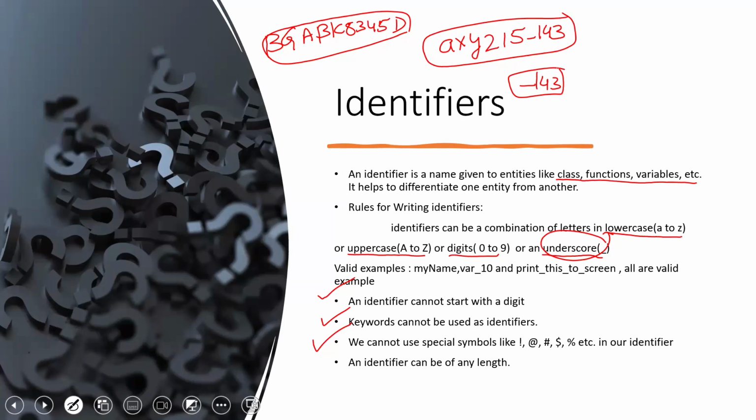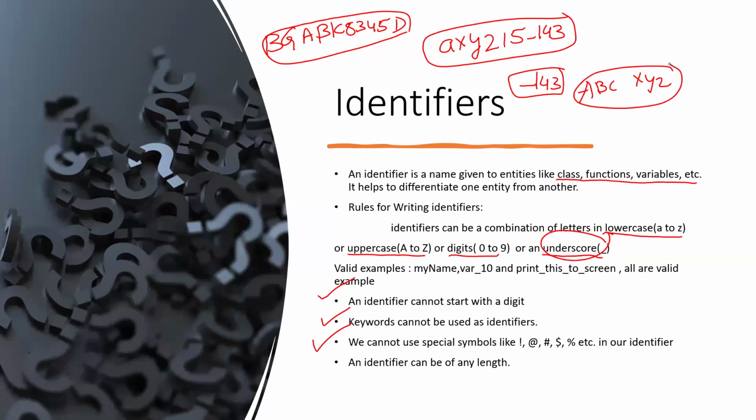You guys are smart. Why is the next one valid? Because it started with an uppercase letter. Look very clearly, but there is a space. It is not valid, having a space in between ABC and XYZ.